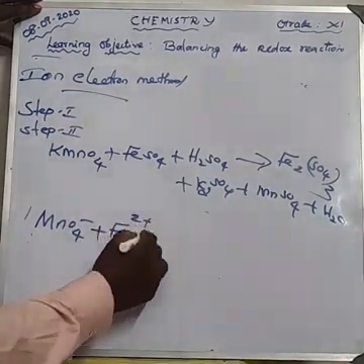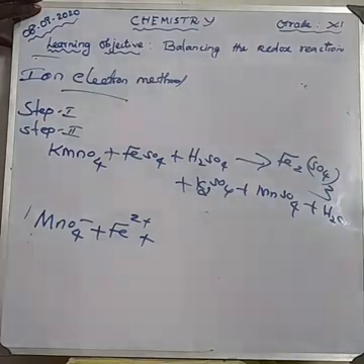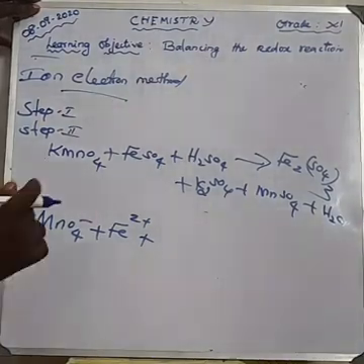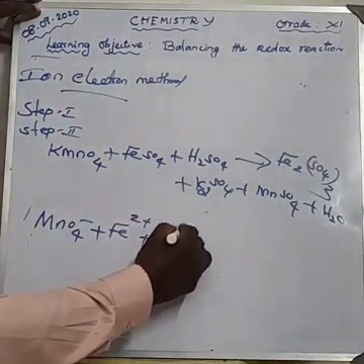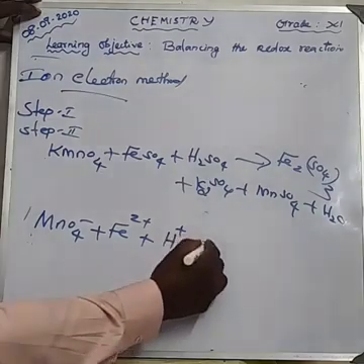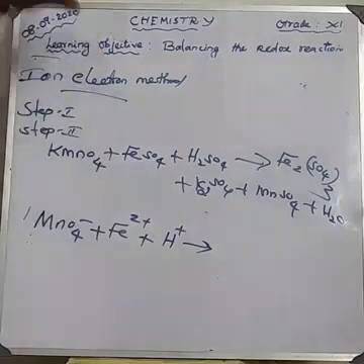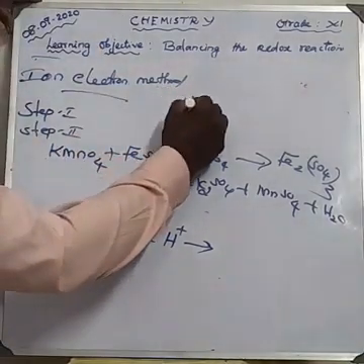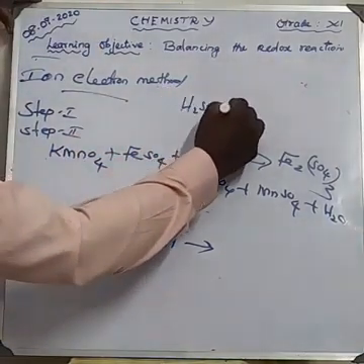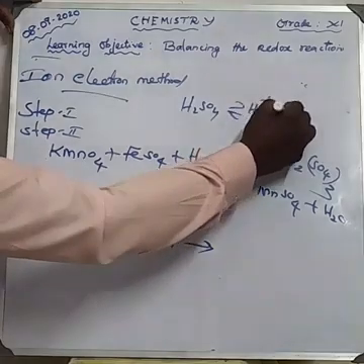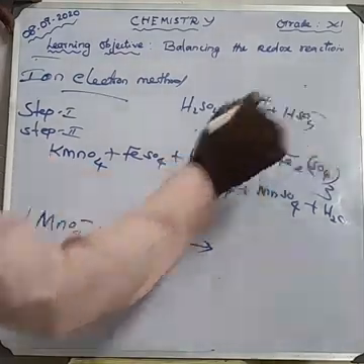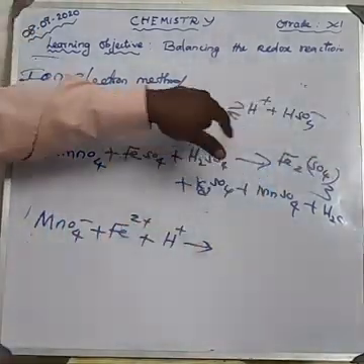Sulfuric acid also, we are taking only H plus ions. H2SO4 is converted into H plus and HSO4 minus. We are taking only H plus ions here.